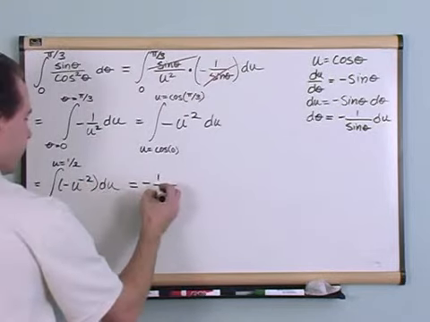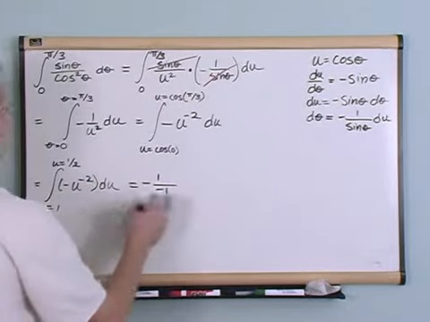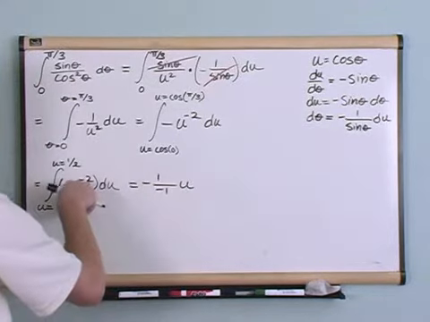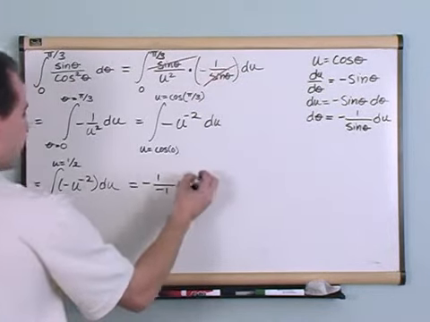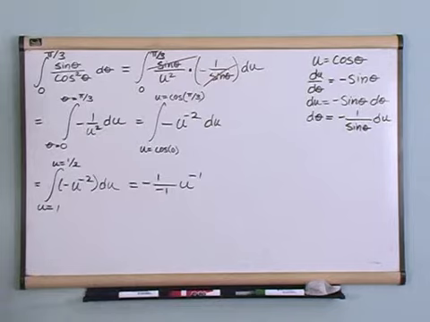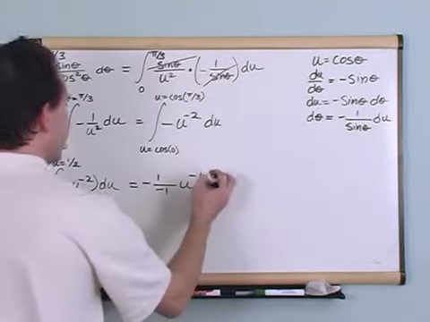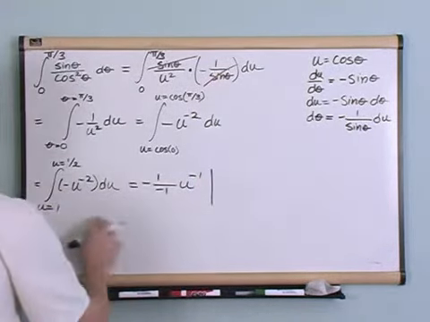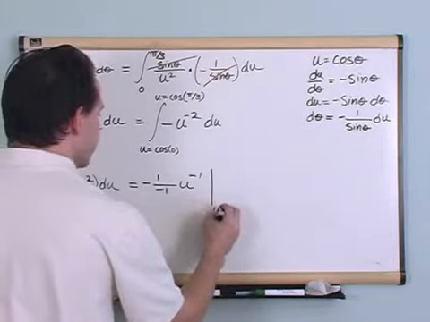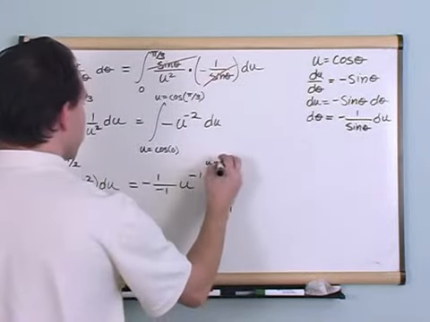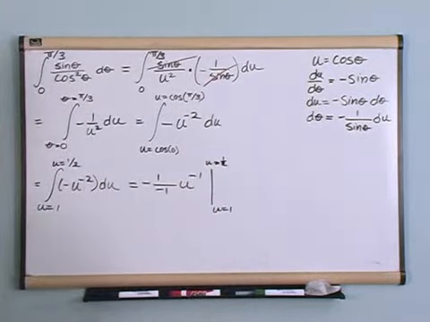Negative 2 plus 1 is negative 1, times u to the negative 1. And don't forget that you're evaluating from limits u is equal to 1 to u is equal to 1/2. Okay?